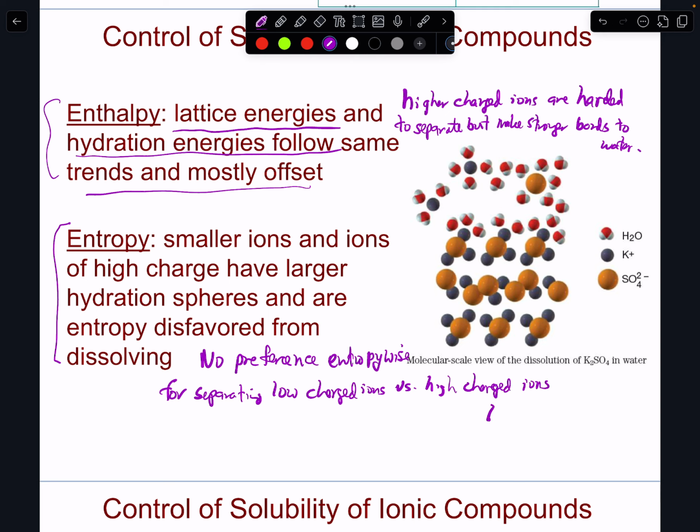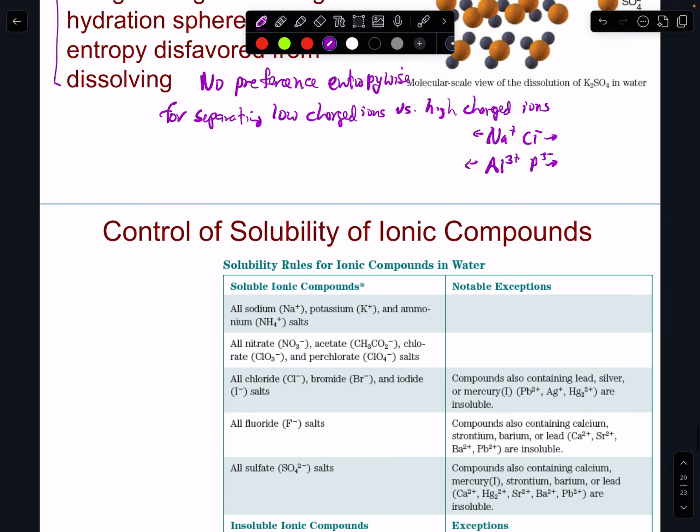So separating a sodium and a chloride from each other has the same entropy as separating, say, an aluminum 3 plus and a phosphide 3 minus. Separating those from each other would have the same entropy change in terms of separating those apart.